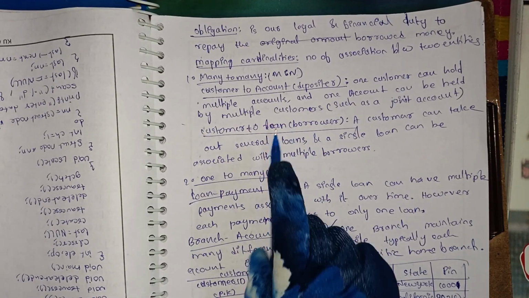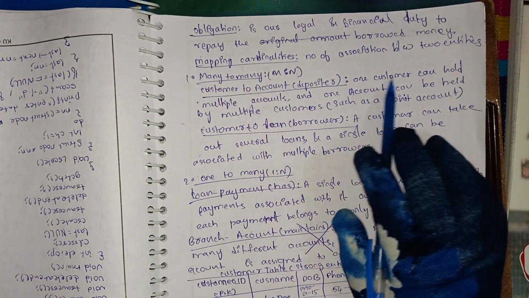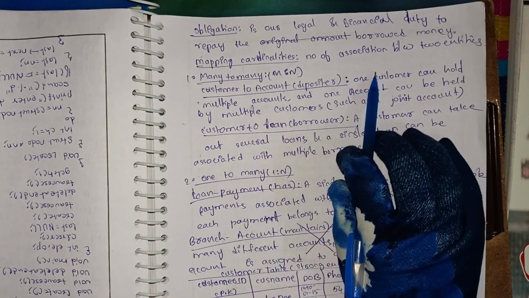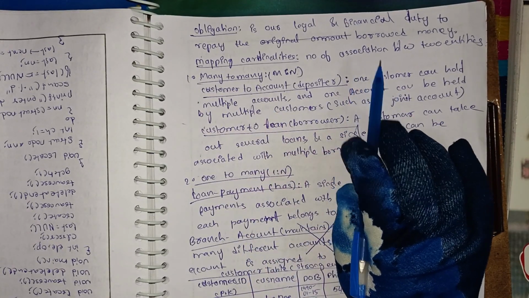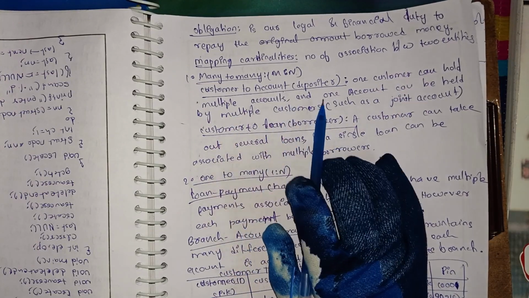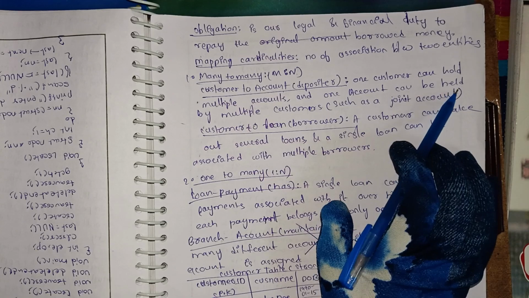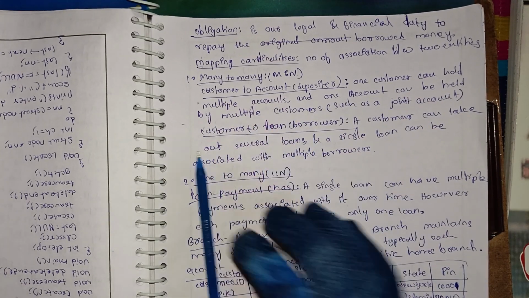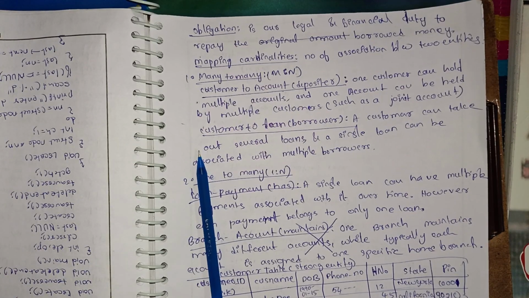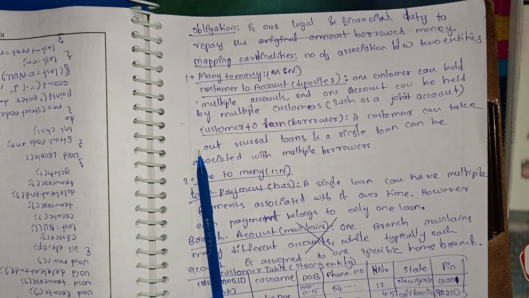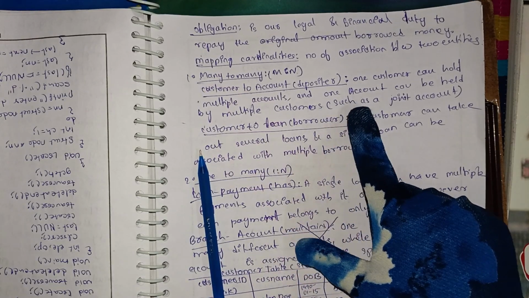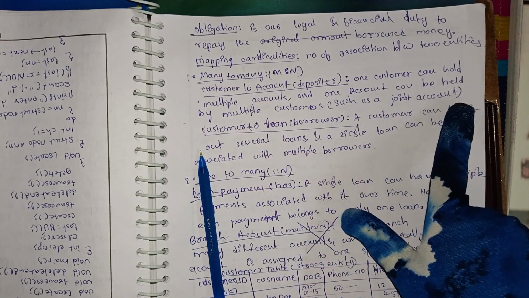So here one customer can hold multiple accounts, and one account can be held by multiple customers, such as a joint account.